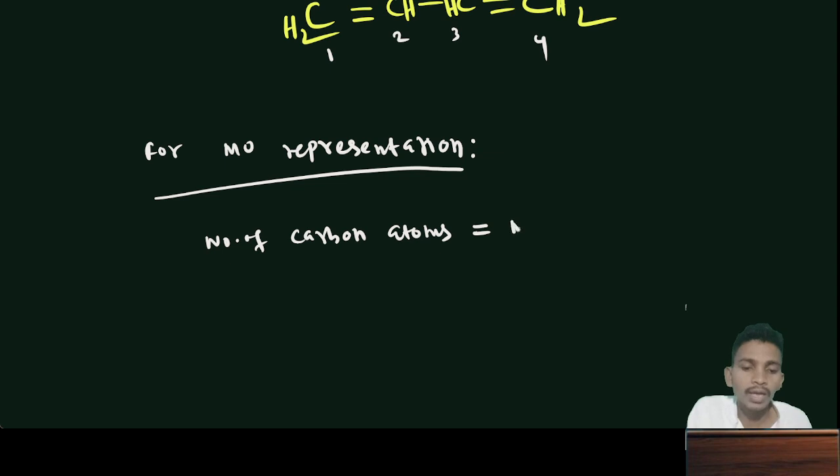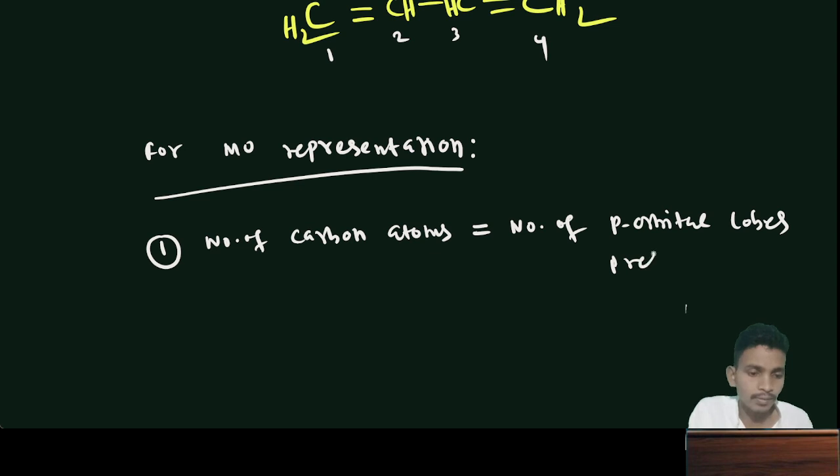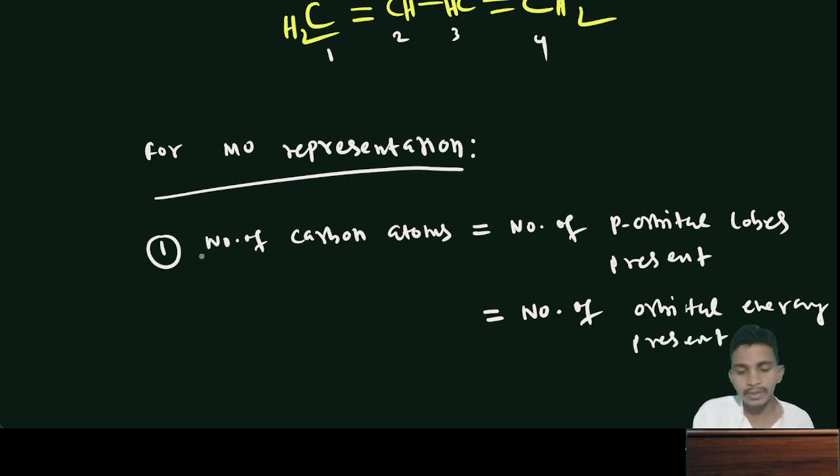This is the first point: the number of carbon atoms equals the number of p orbital lobes present, and also the same number of orbital energies present. So this is the basic concept while we are doing MO representations.